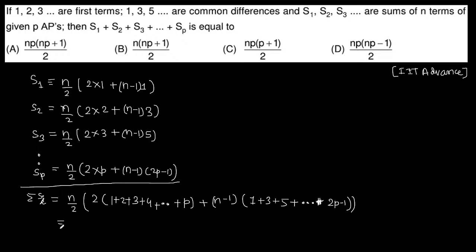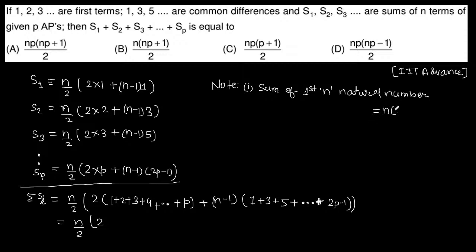This is it. We should know that the sum of the first n natural numbers is n into n plus 1 by 2.